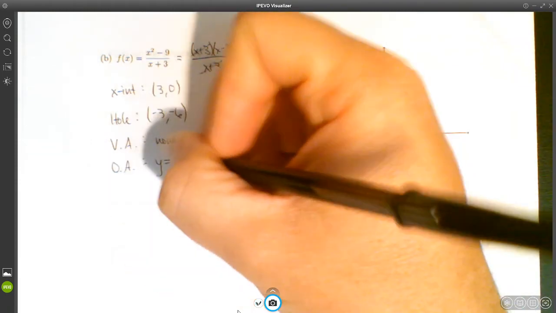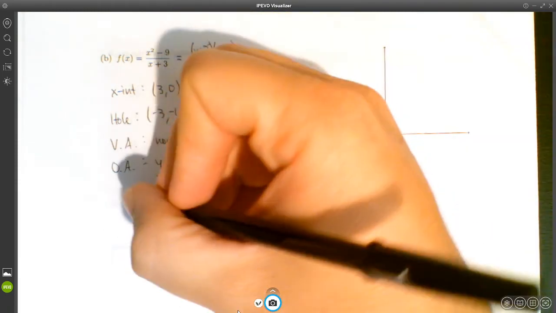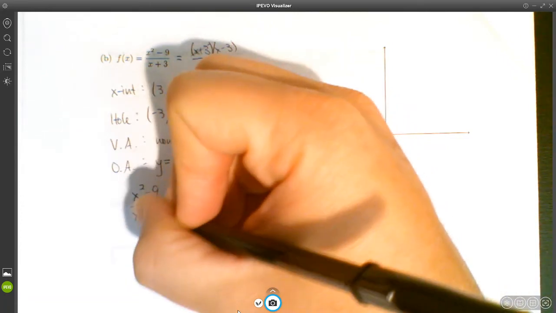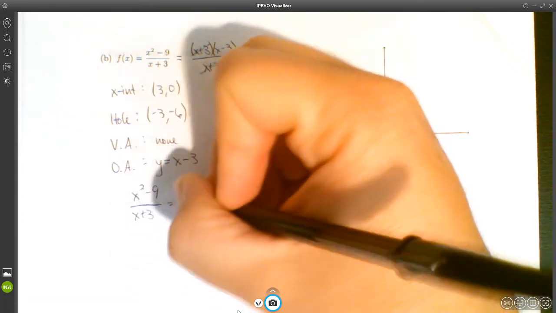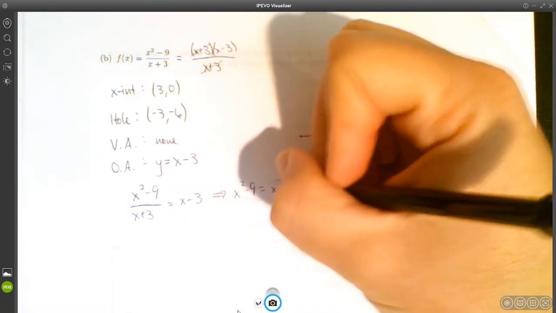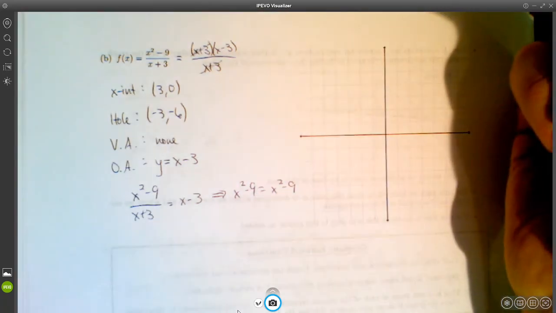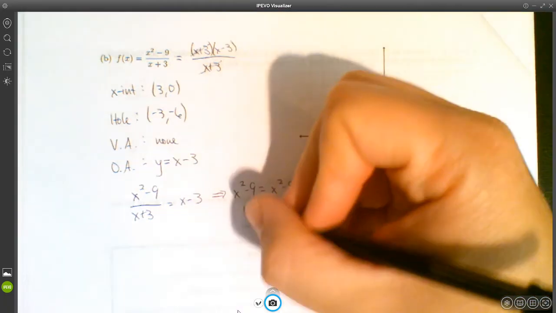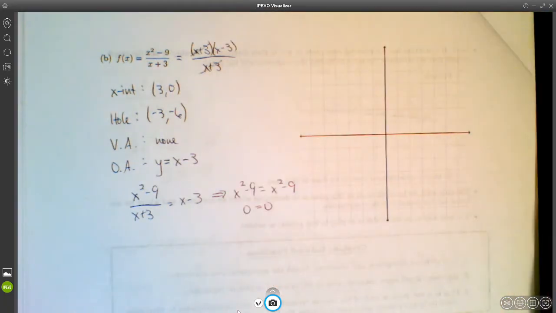To figure out if the graph crosses its oblique asymptote, we're going to set f of x equal to the oblique asymptote. When we multiply both sides by x plus 3, we're going to get x squared minus 9 equals x squared minus 9. Ooh, that's interesting. We get 0 equals 0. That means there are infinitely many solutions.